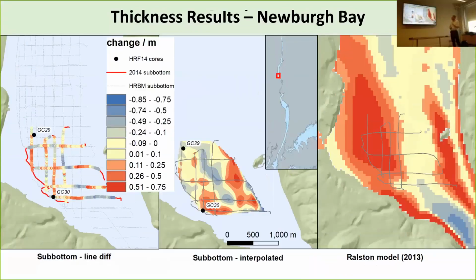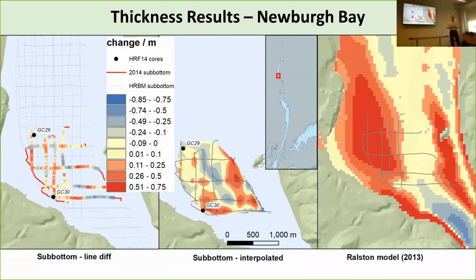So only a small area. We did a little bit in Newburgh Bay. We didn't expect too much deposition there, and so only surveyed a little corner in the south of Newburgh Bay, but we did see some deposition on the sides, and maybe a little erosion in the center of the channel, which fits the general pattern of the model. But the model, in general, if you go further, shows much more deposition in Newburgh Bay than we expected.